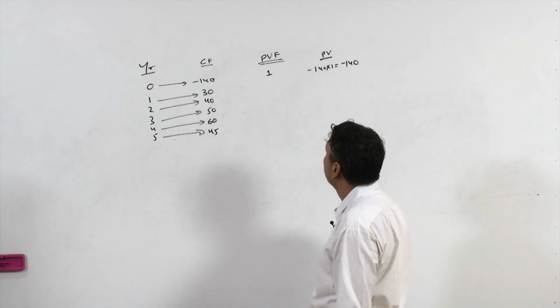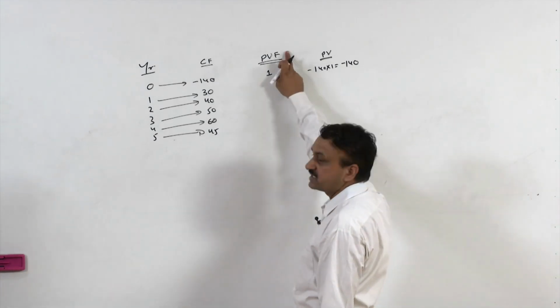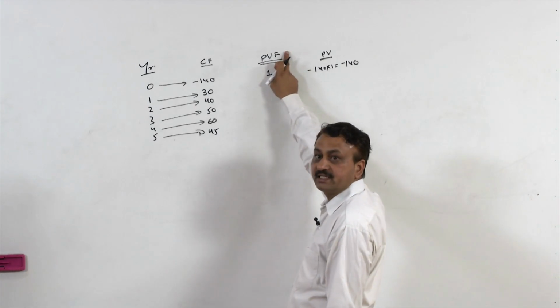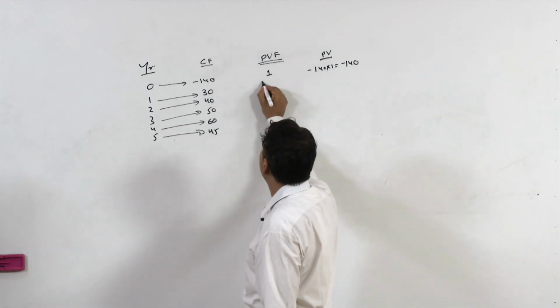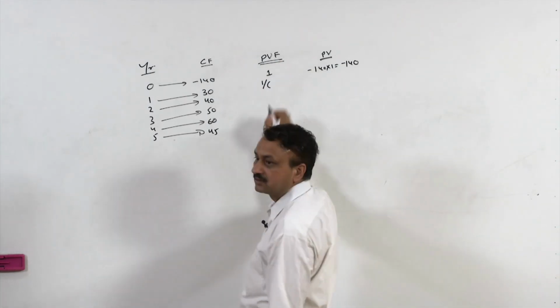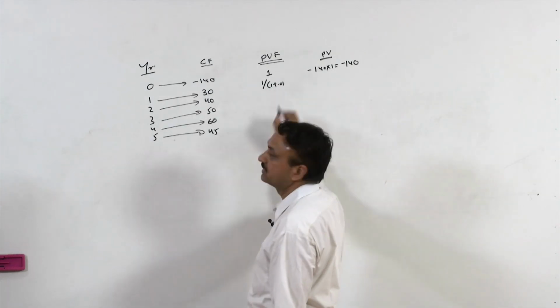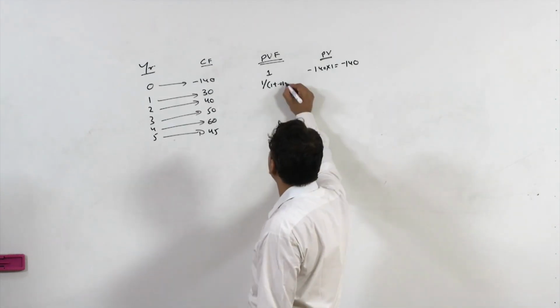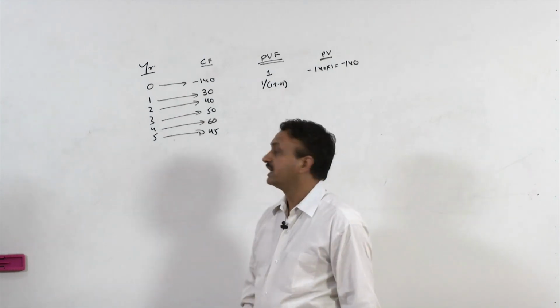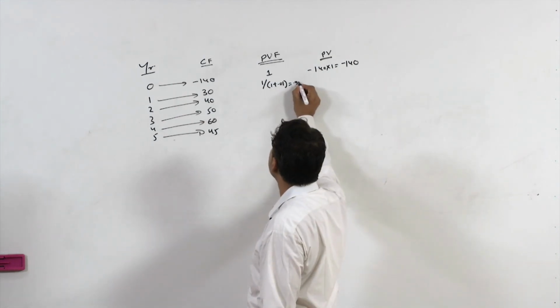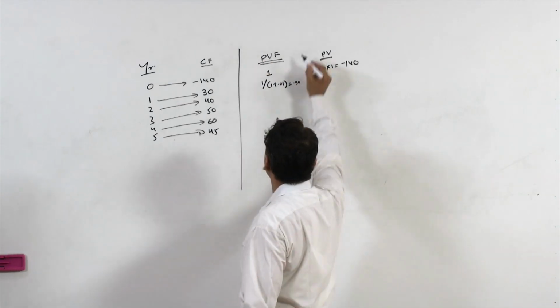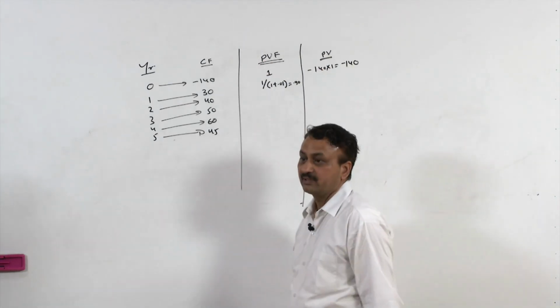Now, this present value factor at 10% is 1 divided by 1 plus 0.1, and this is equal to 0.90. Let me draw a table like this.